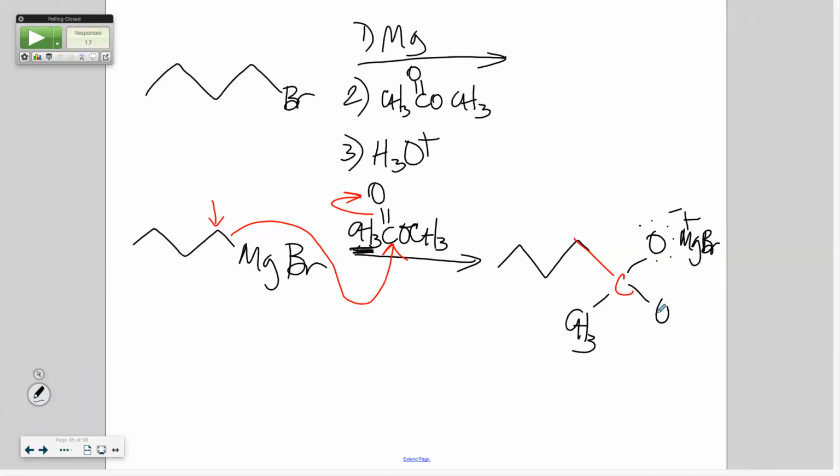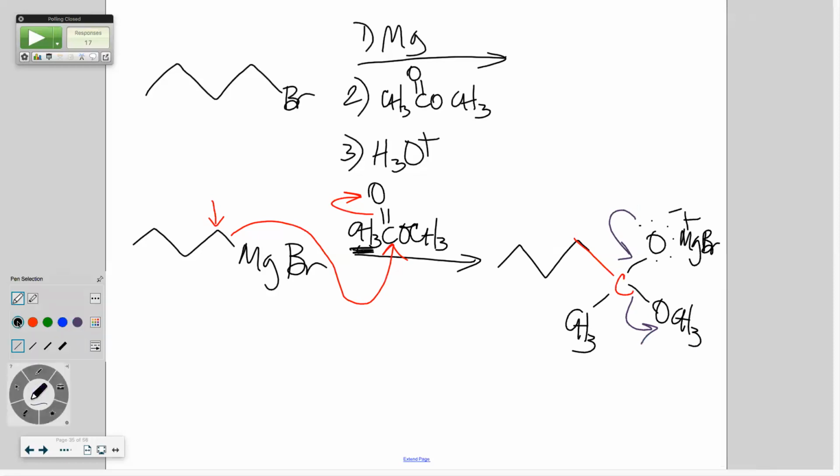The OCH3. Now what happens? The minus does what? It kicks off the OCH3 minus.